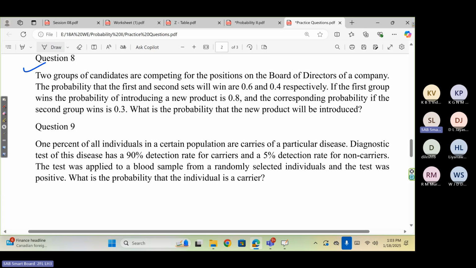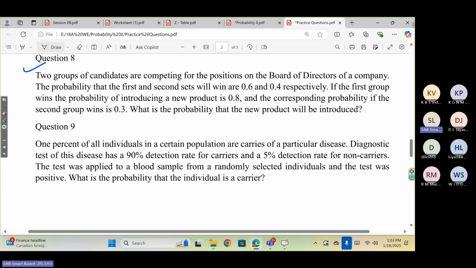The probability that the first group will win is 0.6, meaning a 60% chance. Then the rest, 40%, means the second group will win. The chance of loss for the first group is 40%, which means the second group will win.